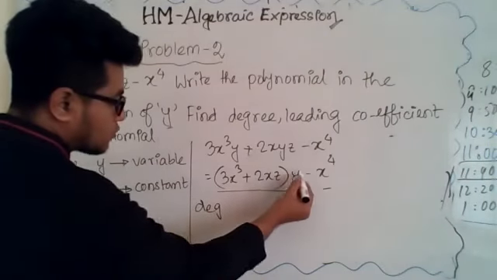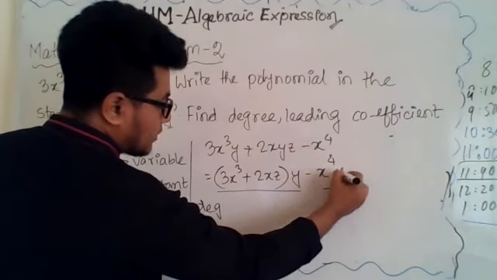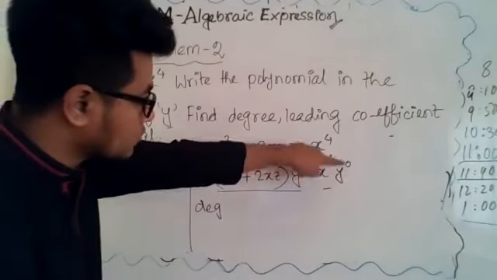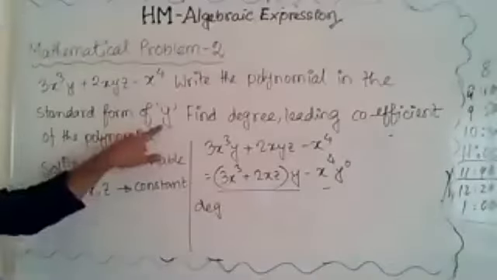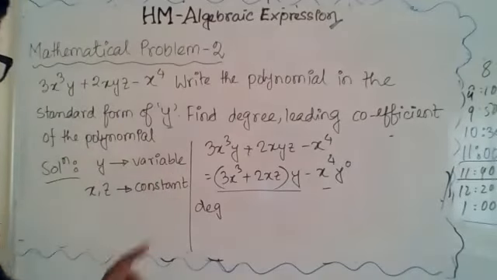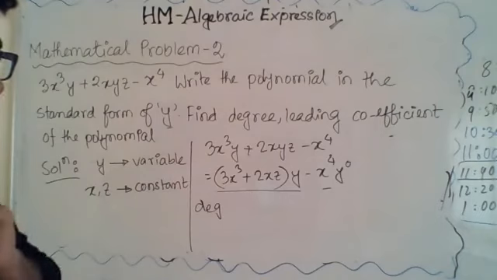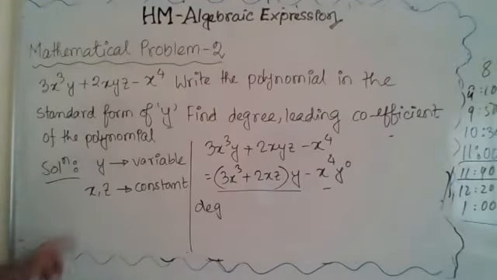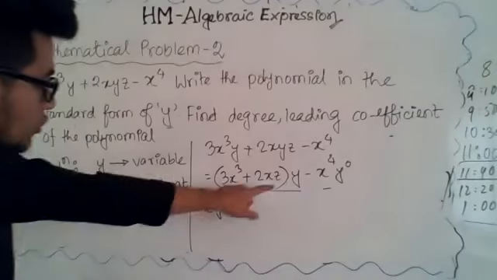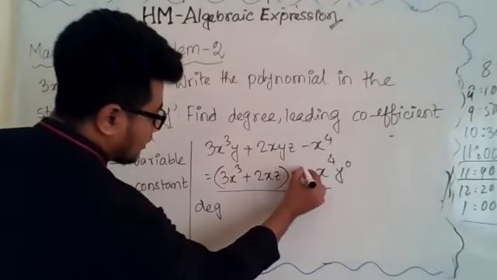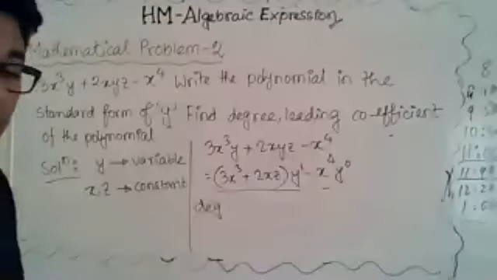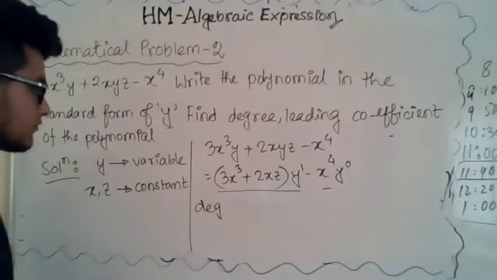Because here it is y to the power 1, and here it is y to the power 0, right? So it is in the descending order, y to the power 1, y to the power 0. As y is the variable, we will take into consideration only the power of y. X and z, we do not care about them anymore, because they are constant, as I have written. So it is in the descending order of the power of y. So this is the standard form itself.